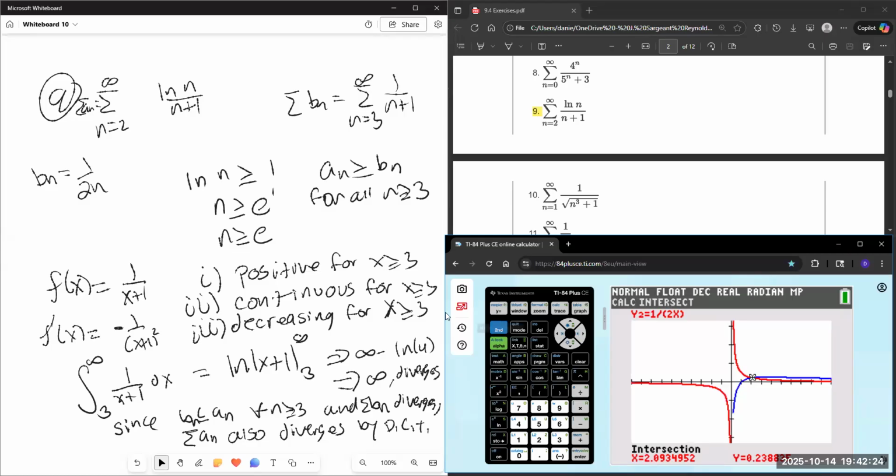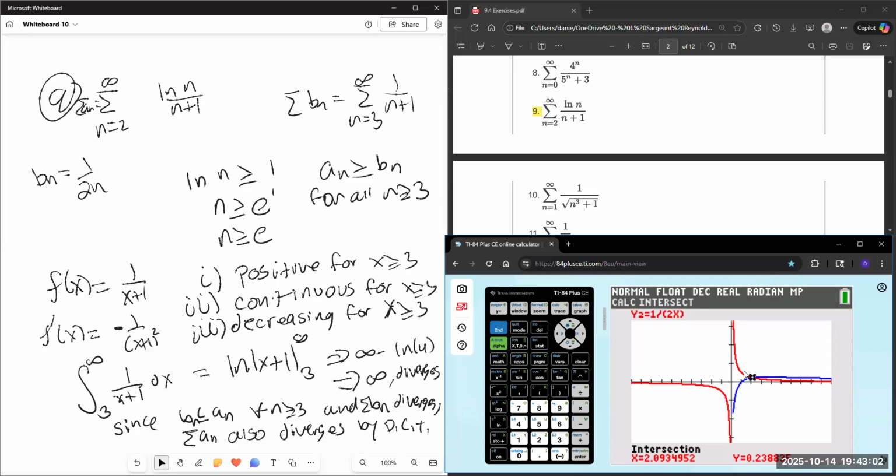So again, I would like this to be, for n greater than or equal to 3, that Bn, which is my red function, is smaller than An, which is my blue function. And we know Bn is a divergent p-series, so An would also have to be divergent. So that's another way that you could do this. That's not the series that the textbook chose. I went with the one that they chose, so your work would most closely match what's in CalcChat.